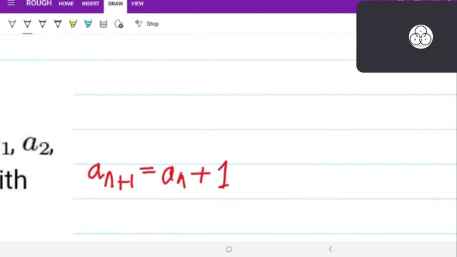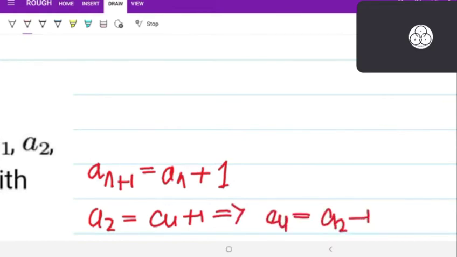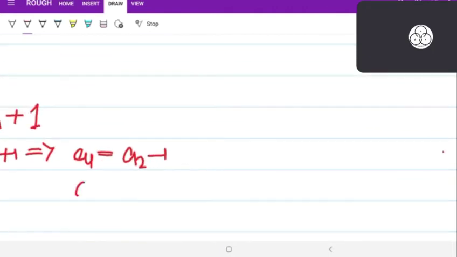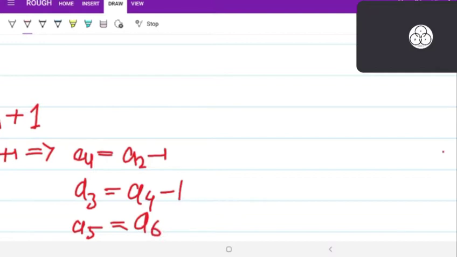So a1 can be written as a2 minus 1, right? Similarly, a3 can be written as a4 minus 1, a5 can be written as a6 minus 1, and so on.